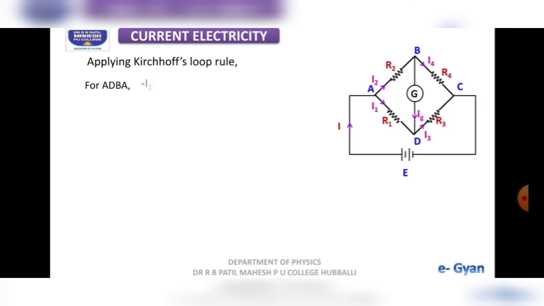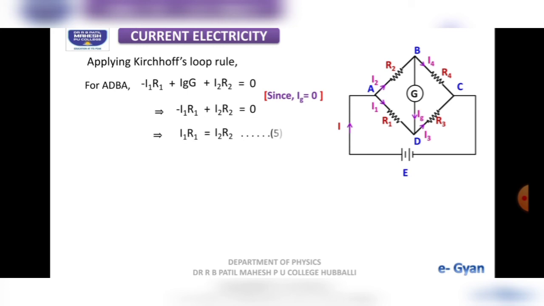We can write minus I1 R1 plus Ig G plus I2 R2 is equal to 0. Since Ig equal to 0, we get minus I1 R1 plus I2 R2 equal to 0. This implies I1 R1 is equal to I2 R2. Let this be equation 5.